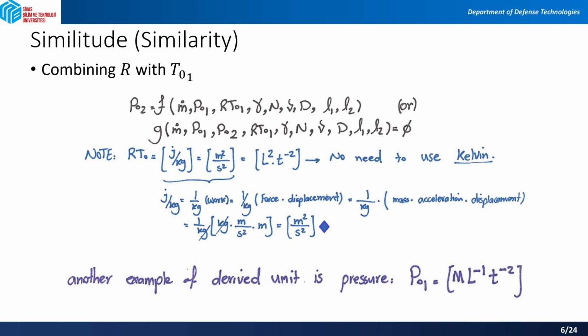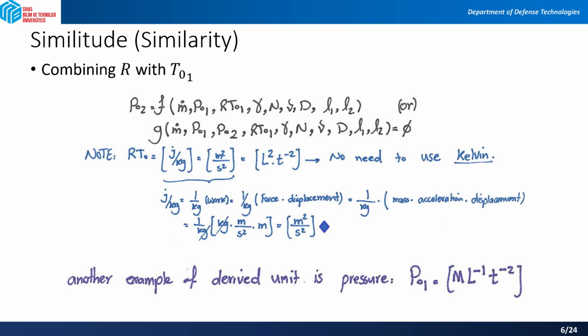And if you put the pressure inside this function, you can say that another function of everything is equal to 0. You have to note that your RT0 is actually in meter squared per second squared, so there is no value of temperature inside this RT0, so there is no need to use Kelvin for this.